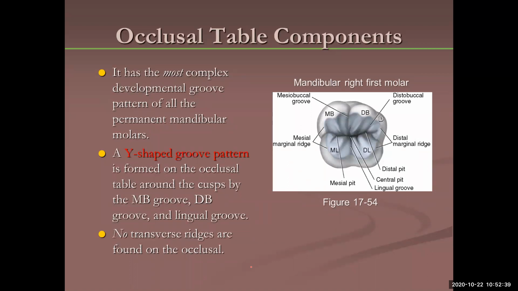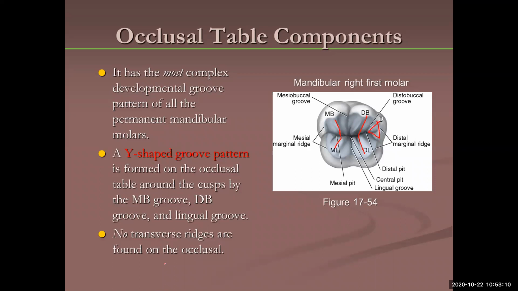The first molar has the most complex developmental groove pattern of the mandibular molars because it's got 5 cusps. It's a Y-shaped pattern. There's no transverse ridge found on the occlusal. That is different from what another slide was showing that had 2 transverse ridges and a triangular ridge.